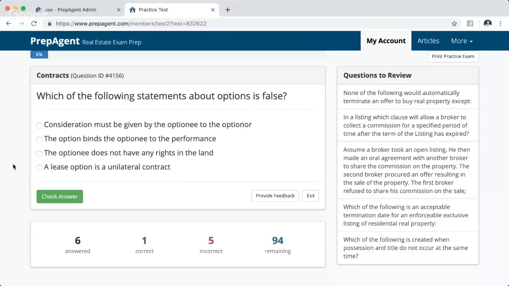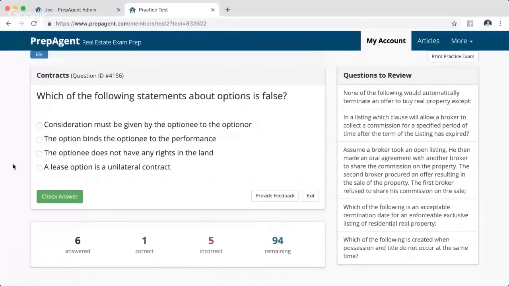Which of the following statements about an option is false? A, consideration must be given by the optionee to the optionor. B, the option binds the optionee to performance. C, the optionee does not have any rights in the land.